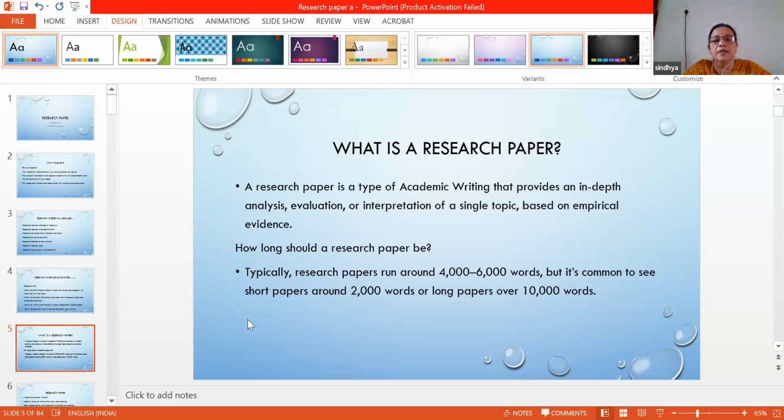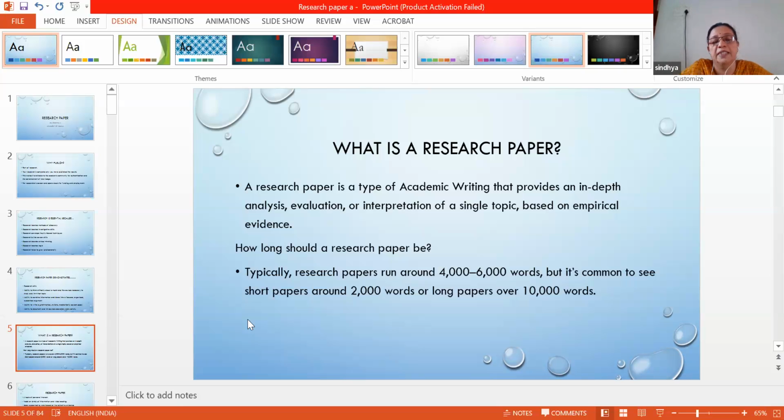That is why while preparing a research paper, we have to be very cautious how we are doing the research, how we are interpreting the result, how we are focusing on our area of research, and how it is evaluated by another person, because it is read by another person. So a research paper demonstrates all these qualities, and the academic writing should be an in-depth analysis of our own topic.